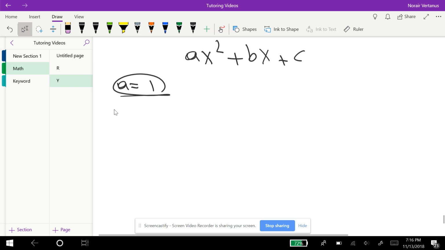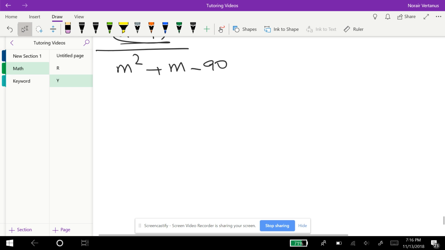So, for example, m squared plus m minus 90. To solve this problem, you're going to say what two numbers you multiply.